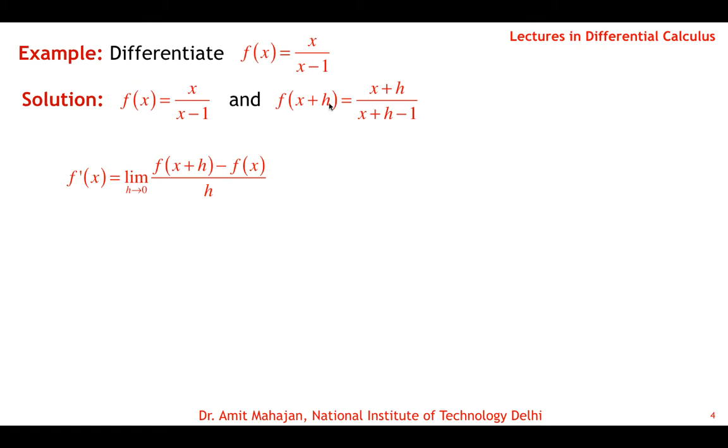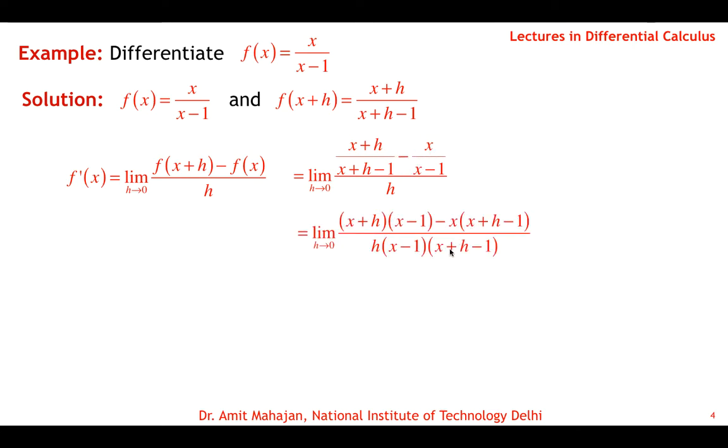So we can substitute these two in the numerator, and then we can solve this by taking the LCM. Those are easy steps, and then we can cancel out some terms, because as h goes to 0, h is a non-zero number here, so we can cancel out h in the numerator and denominator to write this as limit h tends to 0 of minus 1 over x minus 1 plus x into x plus h minus 1.